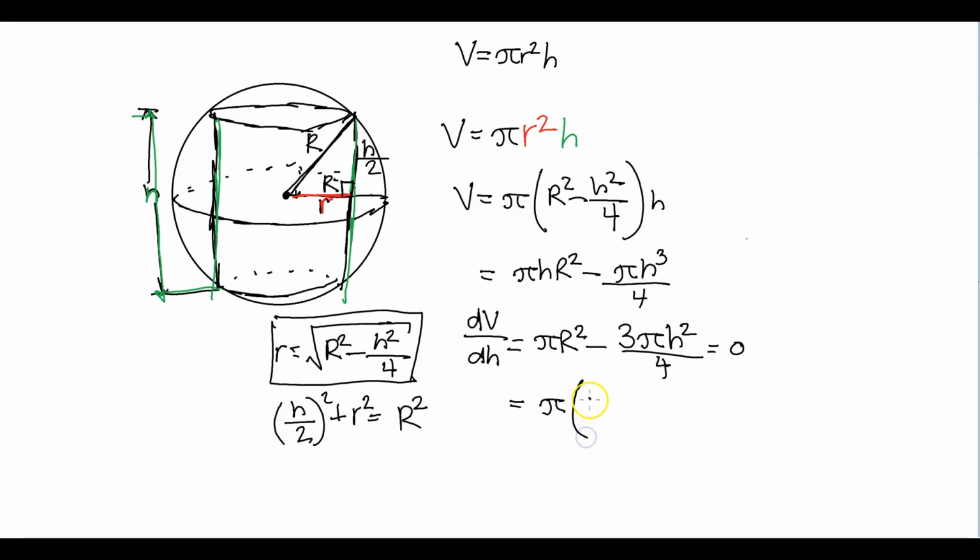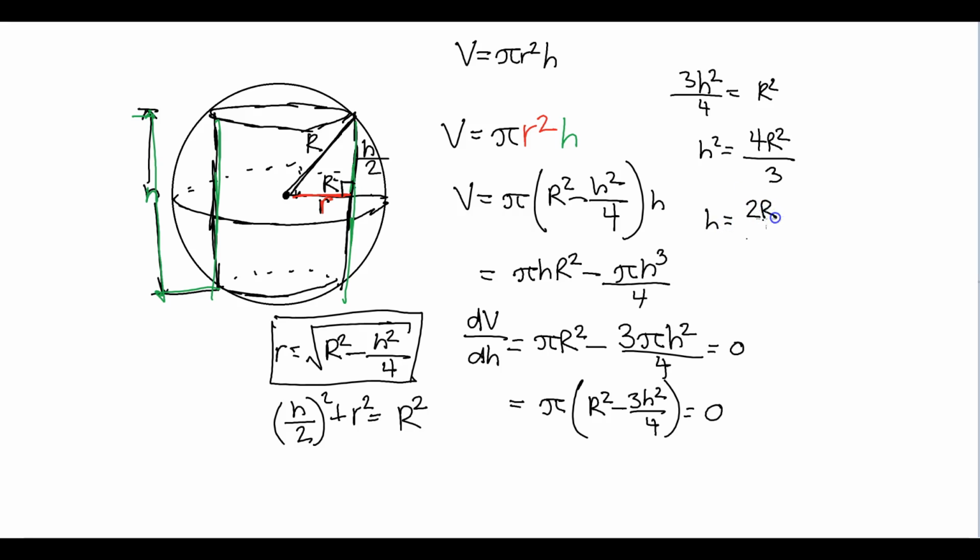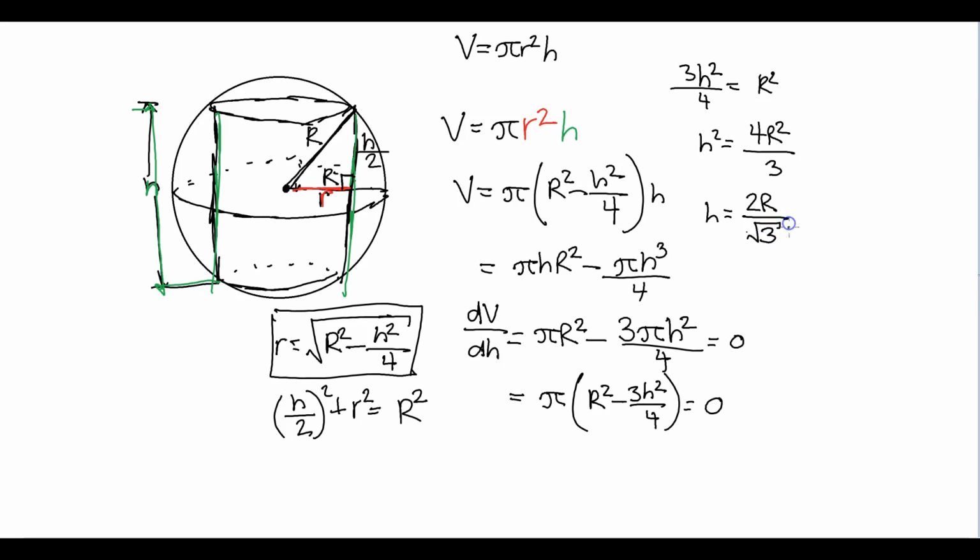We have R squared minus 3h squared over 4. A lot cleaner. So all we need to do is solve for h. We have 3h squared over 4 equals R squared. So h squared equals 4R squared over 3, or h equals 2R over root 3. Or if you want to rationalize the denominator, you have 2 root 3 R over 3.